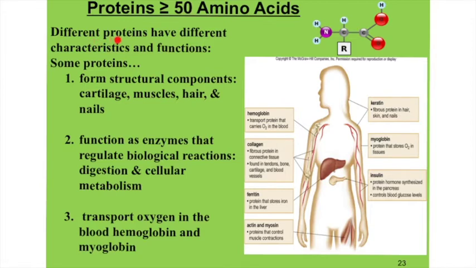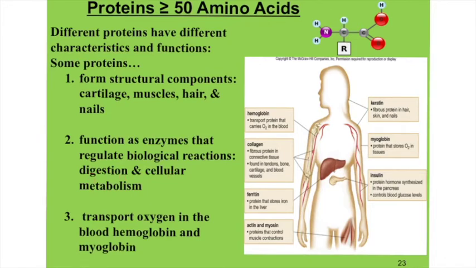Okay, and there are lots of different proteins, and these different proteins can have different characteristics and different functions. Some proteins are structural components, such as cartilage, muscle, hair, and nails. Other proteins function as enzymes and regulate biological reactions, metabolism, and digestion.